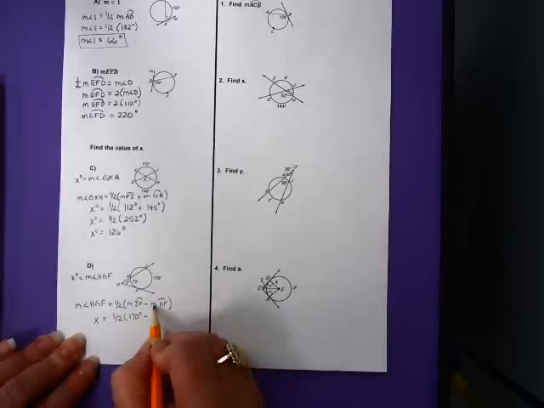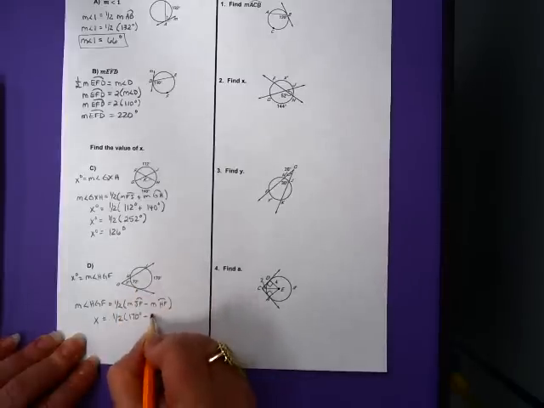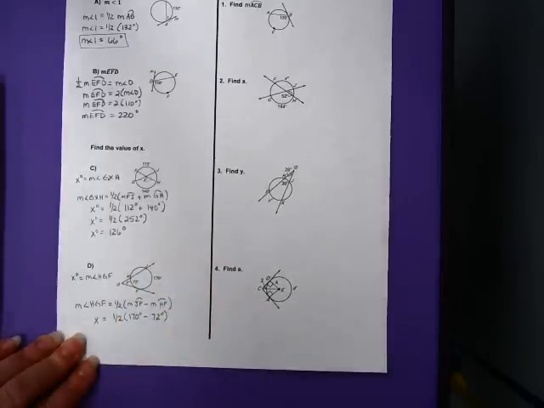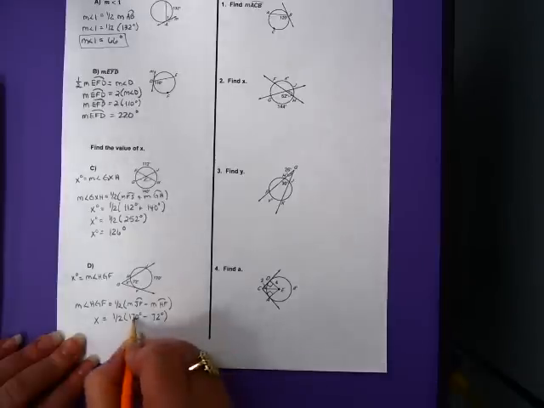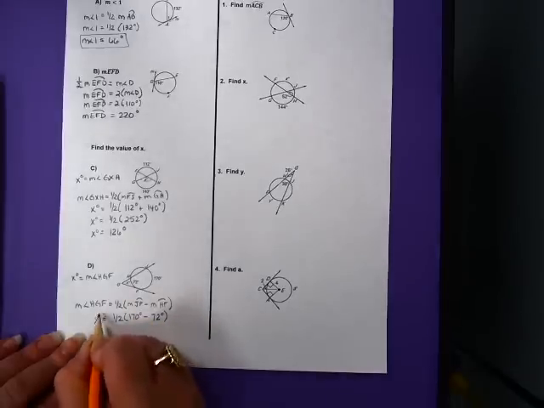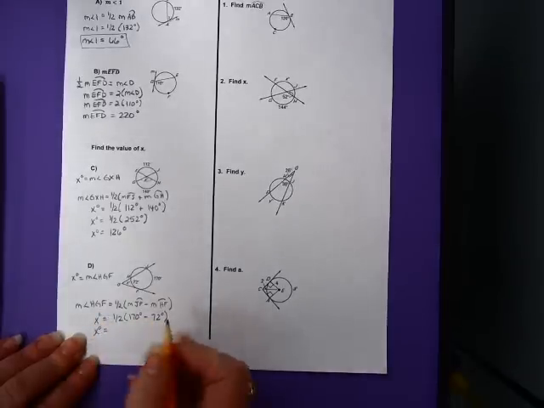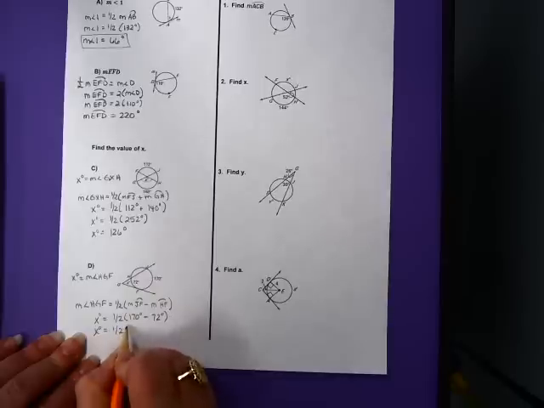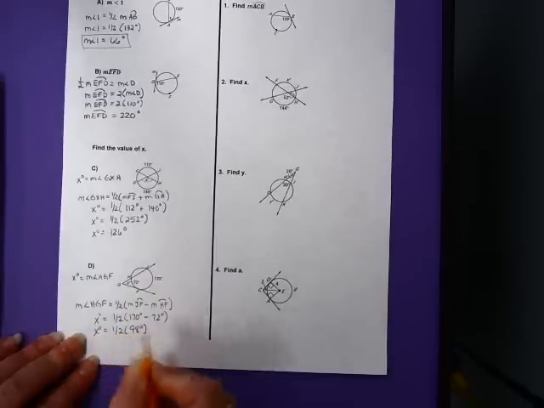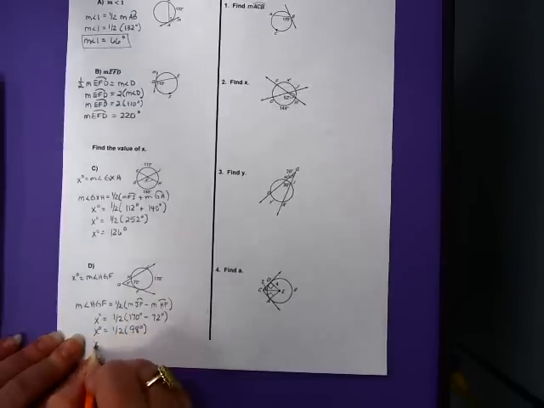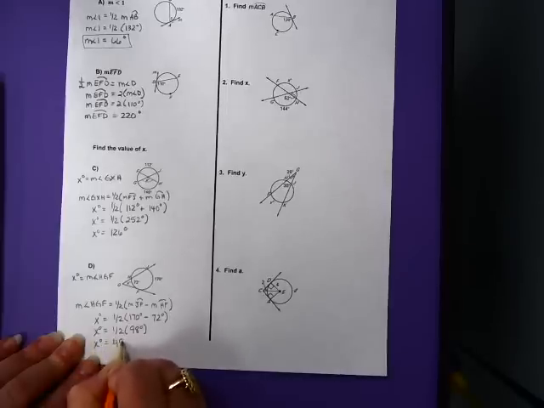I know that the measure of HF is represented as 72 degrees. When I subtract these, I get 1/2 of 98 degrees. Well, half of 98 is 49 degrees.